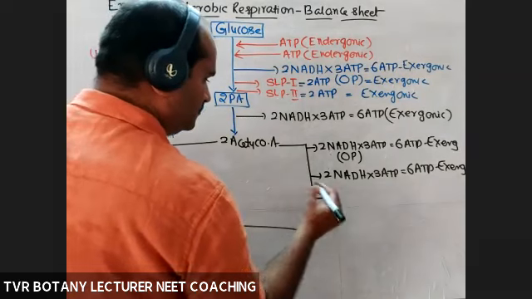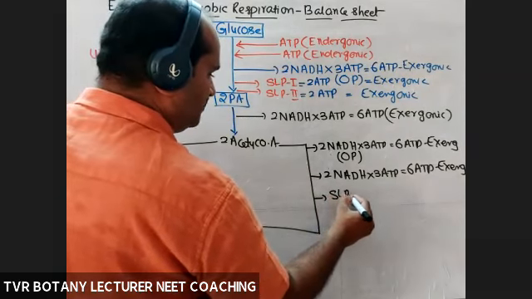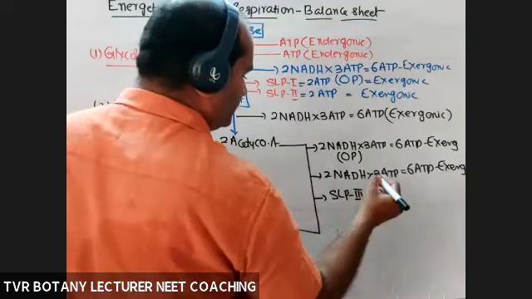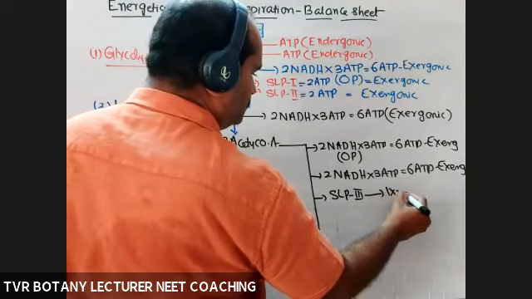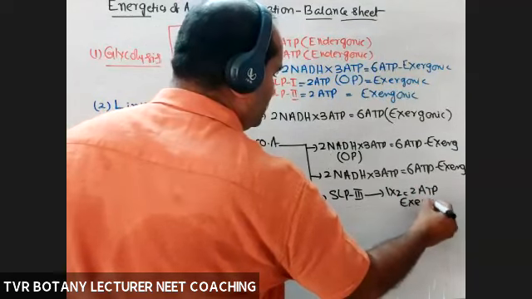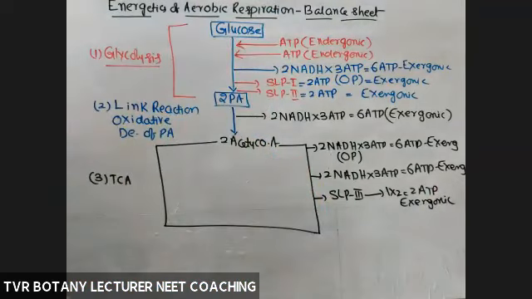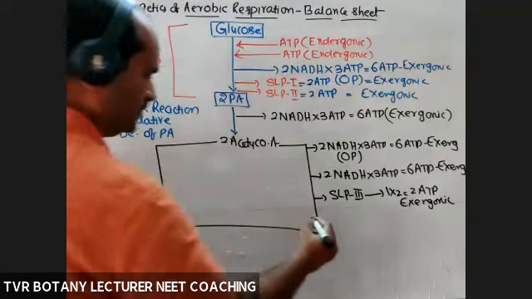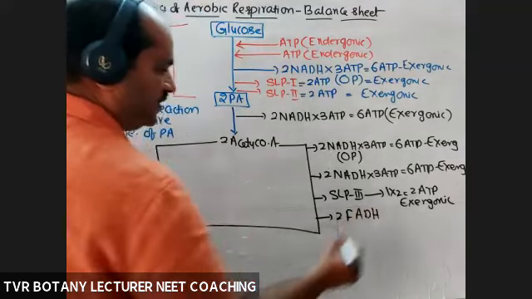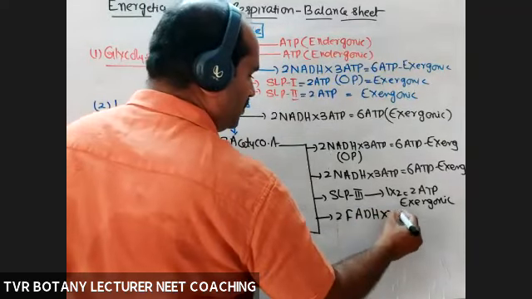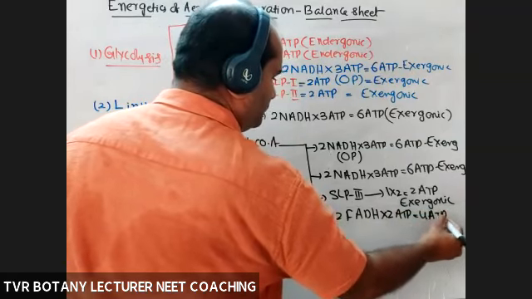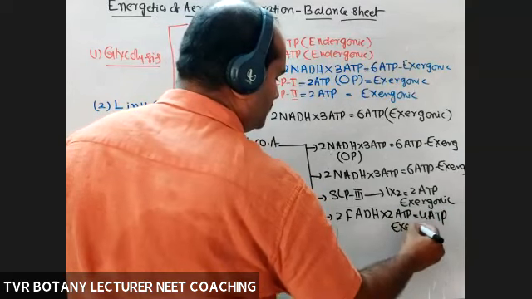Next, SLP, third one, third SLP. Okay, so accounts for that is 1 into 2, 2 molecules of ATP, exergonic. Okay, next, 2 molecules of FADH into 2 molecules of ATP gives rise to 4 ATP molecules, exergonic.